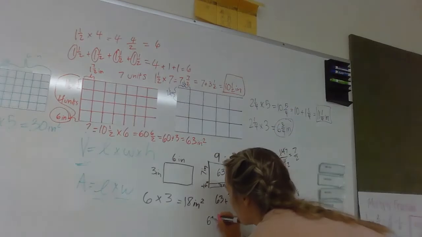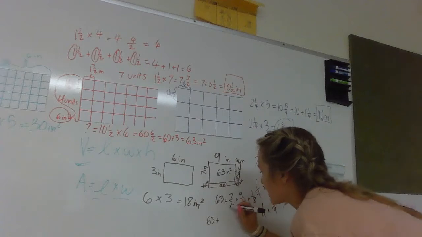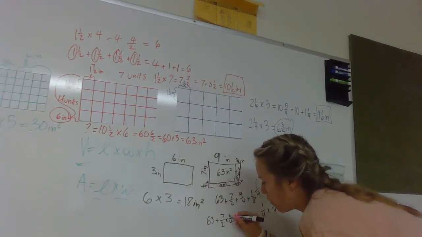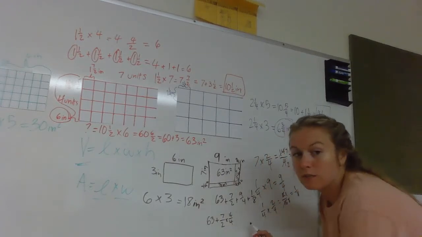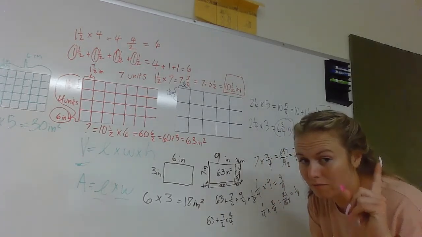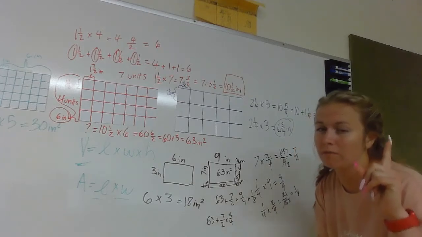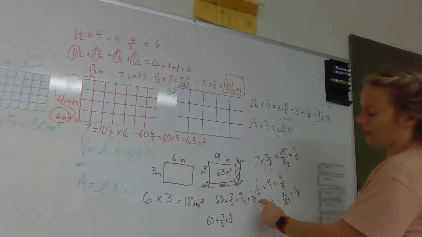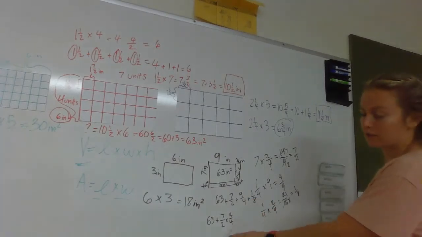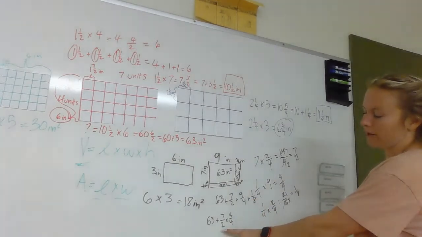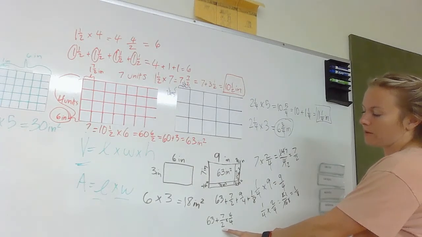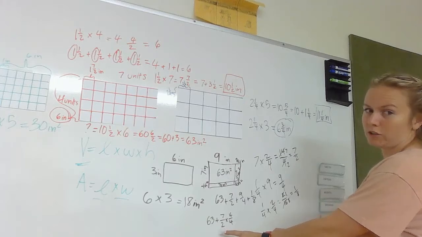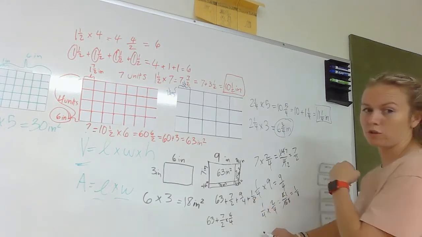Okay, so I've got 63 plus, now I've got 7/2 times 4/4, right? Because 4/4 equals 1, so I'm just finding an equivalent fraction so that 8 would be my common denominator. If 2 is a factor of 8, what times 2 gets us to 8?